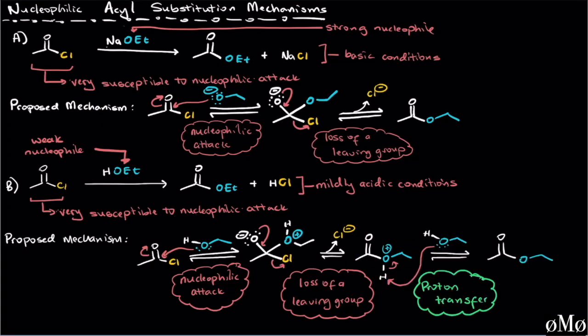And then it's at this point in which another ethanol molecule can then come in and deprotonate your cationic ester to form your product. So notice here, it's still nucleophilic attack, loss of a leaving group, but because we're dealing with this combination of a weak nucleophile, really strong electrophile here, and then somewhat of a mildly acidic solution, you essentially can get wrapped up into one more proton transfer step at the very end of the reaction.